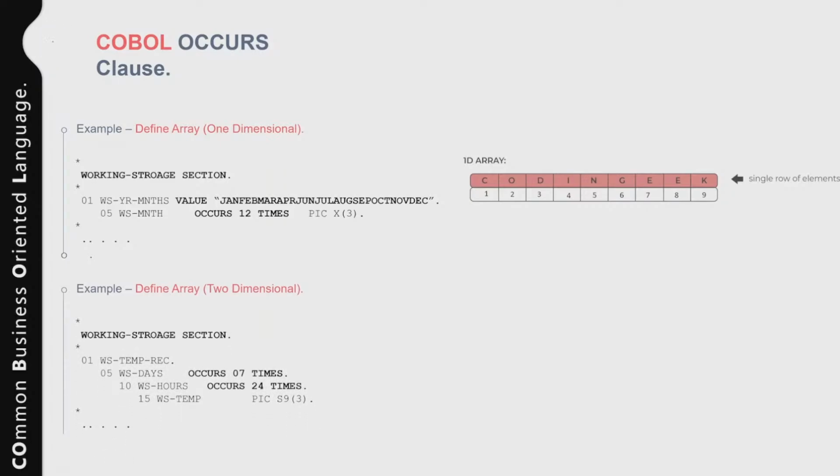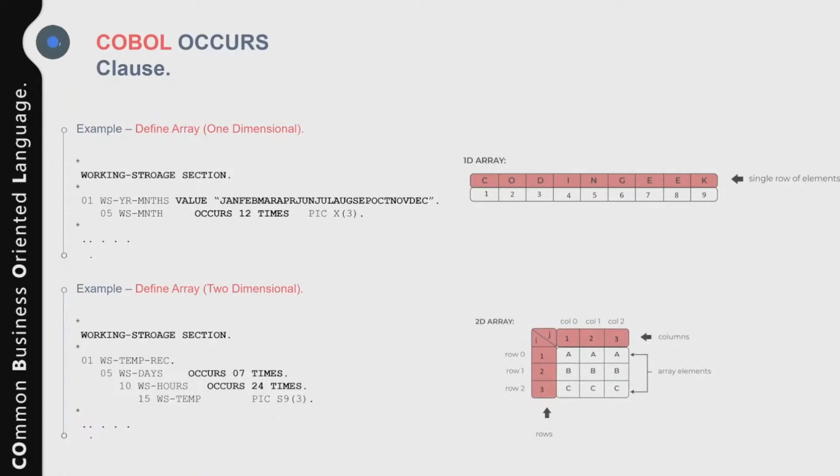So in the following example, we have a working storage section, and there we have defined a table that is WS-TEMPERATURE-RECORD. Within that, we have defined the next variable at level 5, that is WS-DAYS, that occurs 7 times. And then within those days, we are recording temperature for 24 hours.